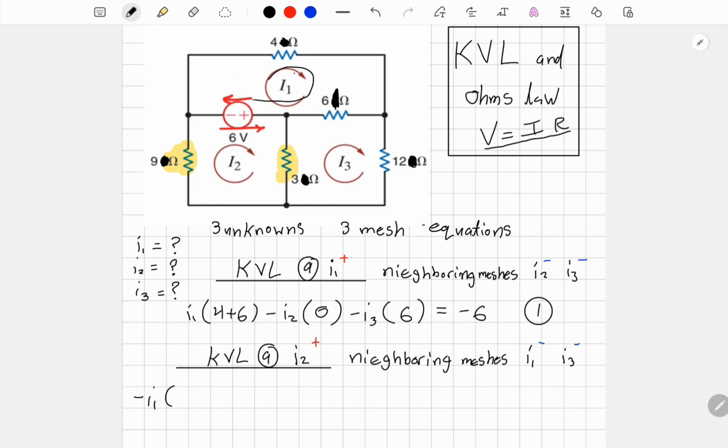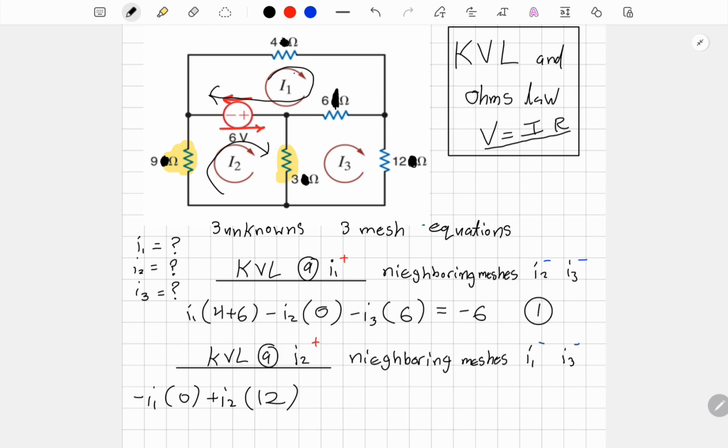Well, no, there's not. I1 is going this way, I2 is going that way, and there are 0 resistors, so I'm going to write 0. And then plus I2, because that is positive, multiplied by the sum of all the resistors, which is 12.